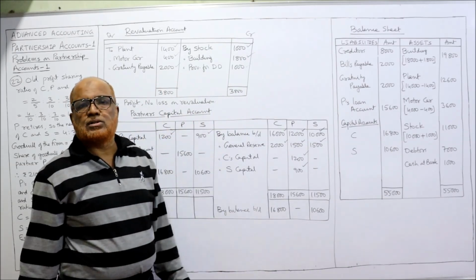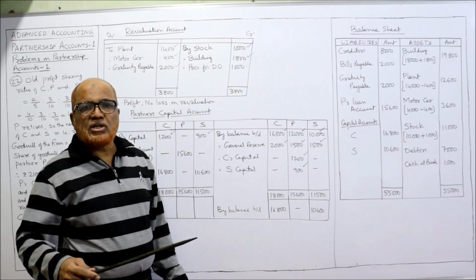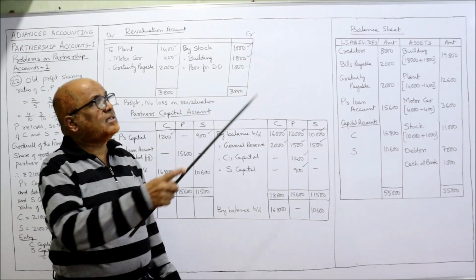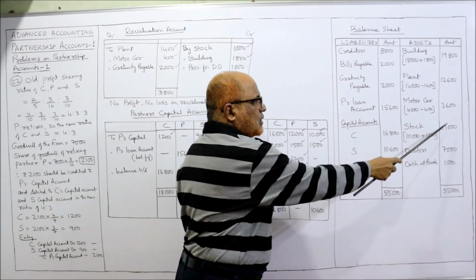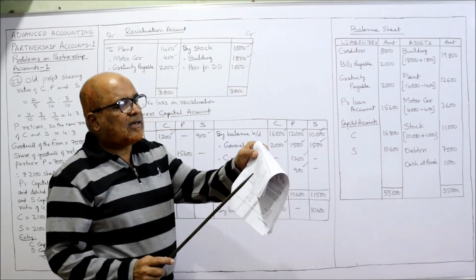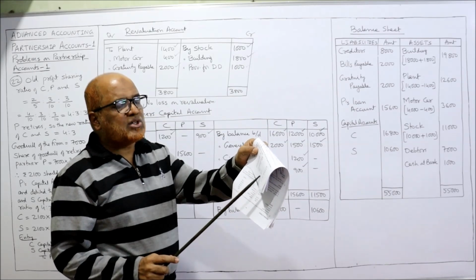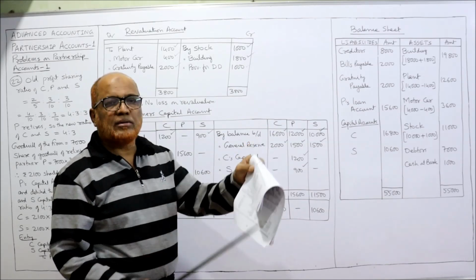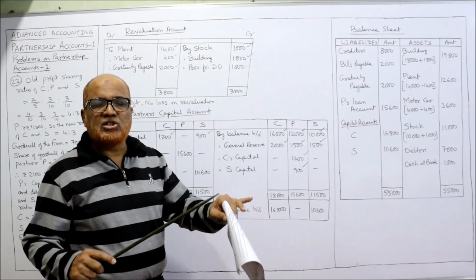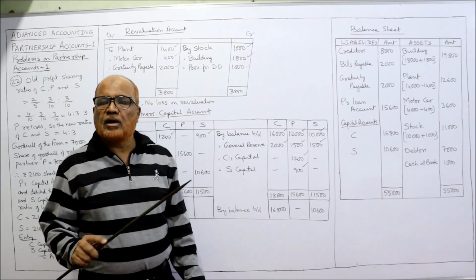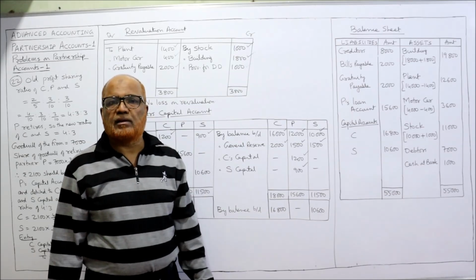Stock was 10,000. But we have appreciated. We have increased the value of stock by 1,000. So 10,000 plus 1,000, 11,000. Debtors 7,000 less provision 1,000, 6,000. But we have removed the provision for doubtful debts. In the adjustment it is given no requirement for provision for doubtful debts.